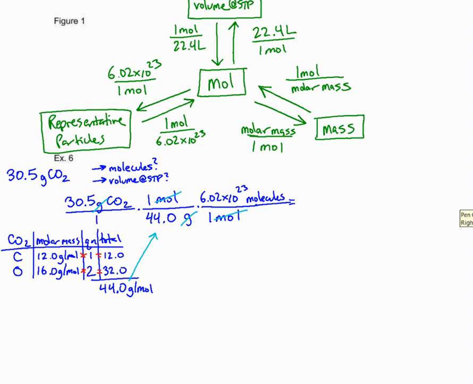So we put this in our calculator, and you want to be very careful, especially with the scientific notation. Your calculator probably needs some parentheses. So we're doing 30.5 divided by 44 times Avogadro's number.